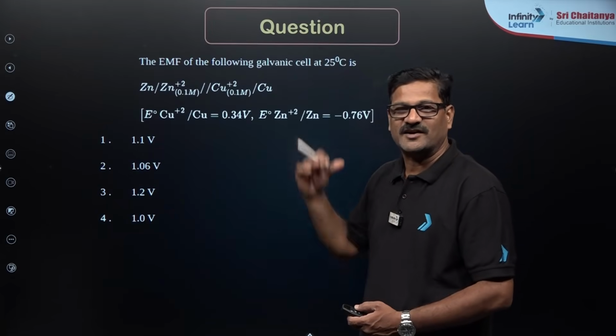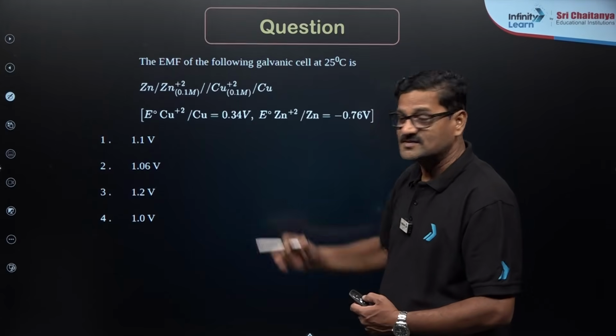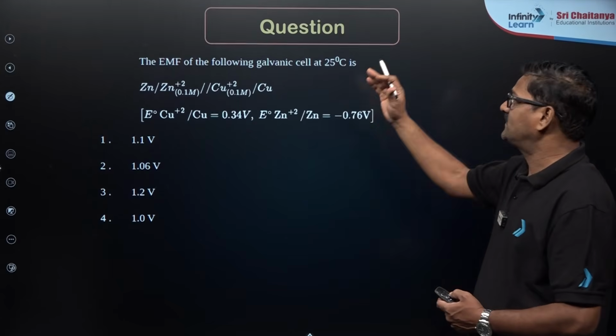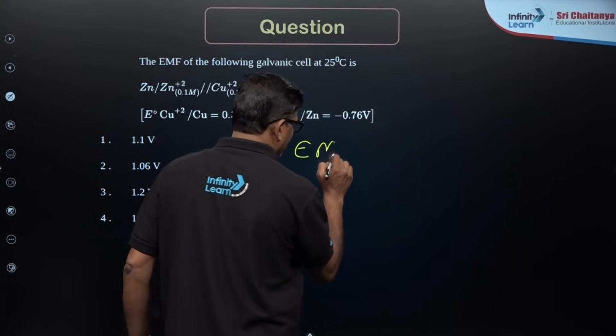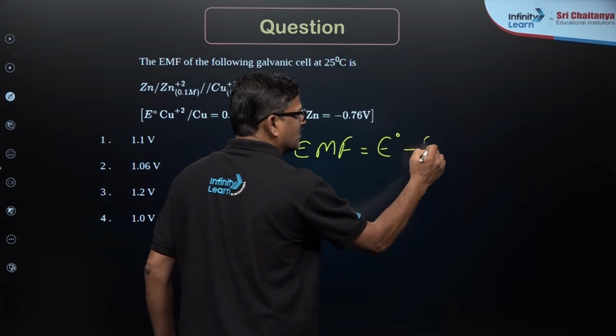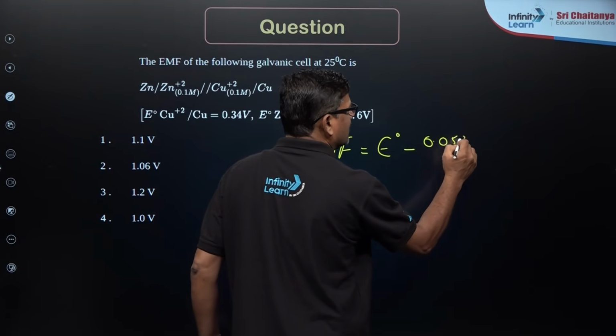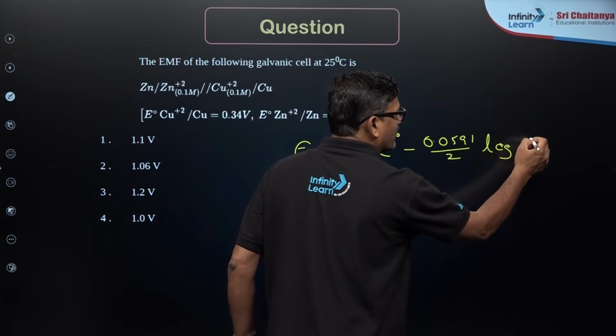Students, this question is a direct application of galvanic cell and Nernst equation. The EMF of the galvanic cell: to calculate the EMF, you can use the direct formula, E naught cell minus 0.0591 by 2 log anode by cathode.